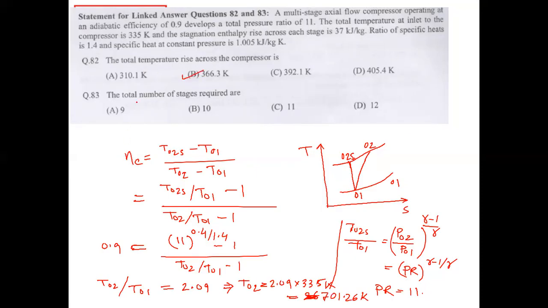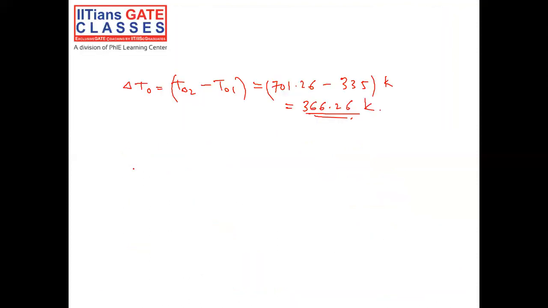And for the second part, we need the total number of compressor stages required. So the total enthalpy rise per stage is given as 37.